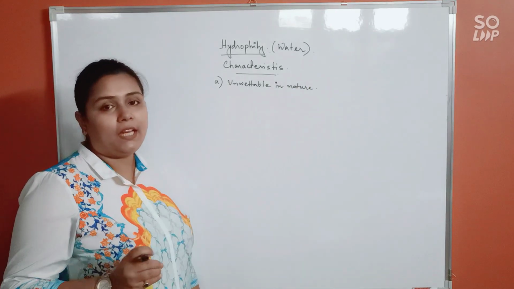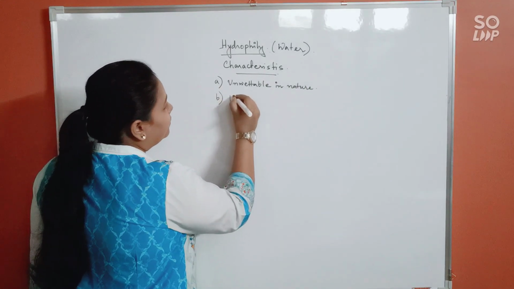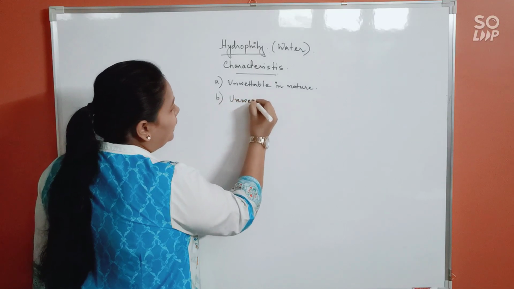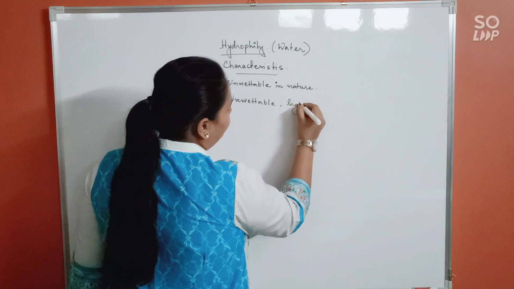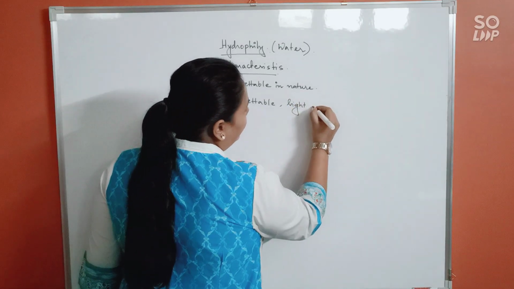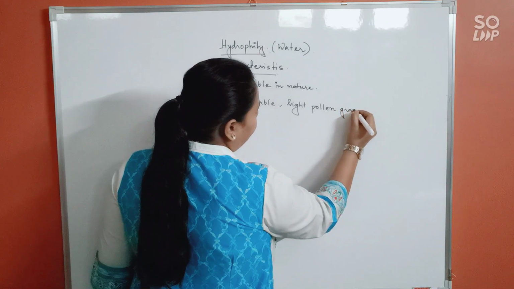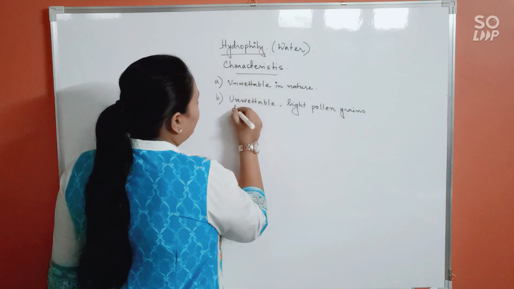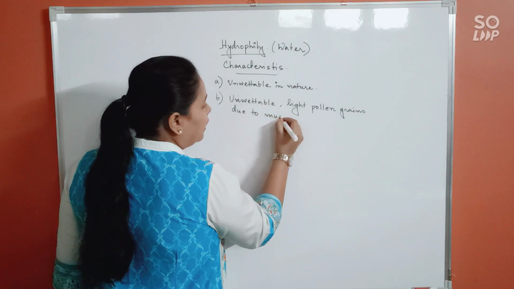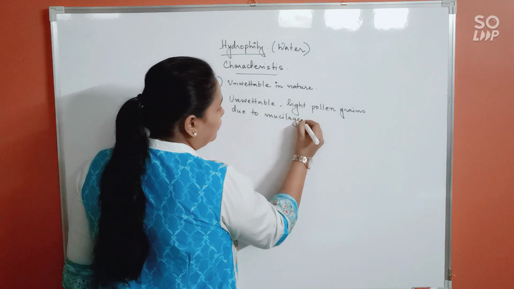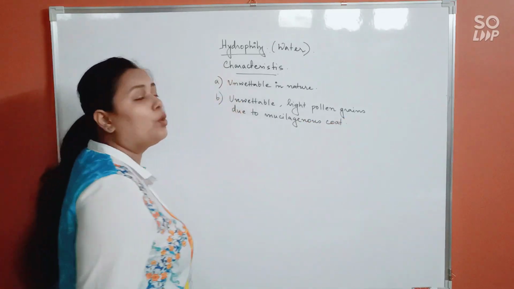First, they're unwettable in nature. Next, light pollen grains, due to a mucilaginous coat.